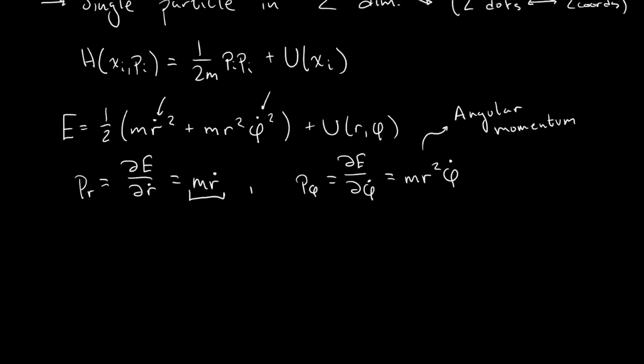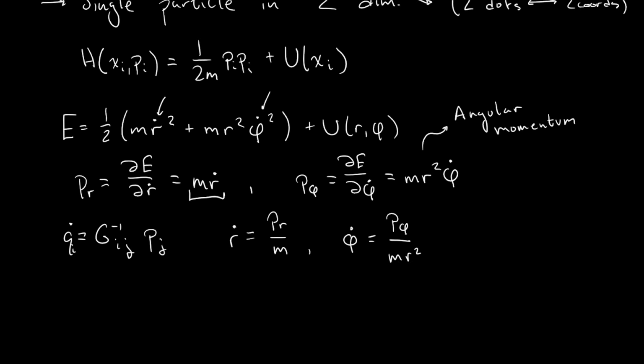we can solve this, right? We know that q dot is equal to g inverse ij p_j e_i. We know that r dot is equal to p sub r over m, and we see that phi dot is equal to p sub phi over m r squared, and this gives us our elements of G inverse.